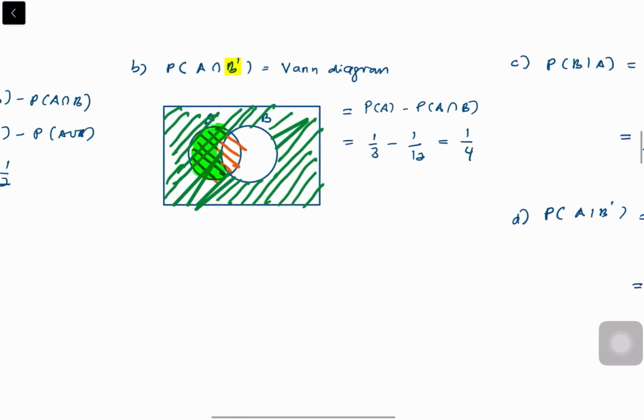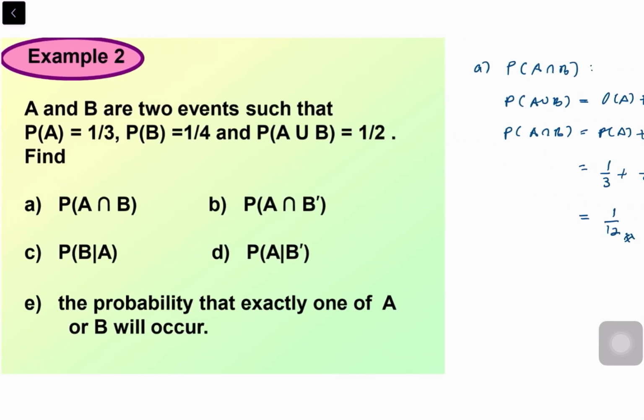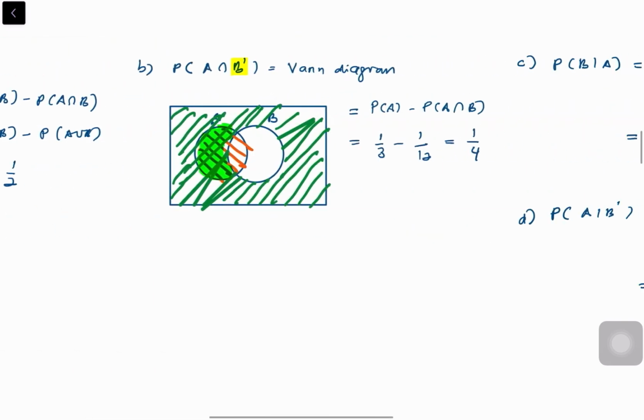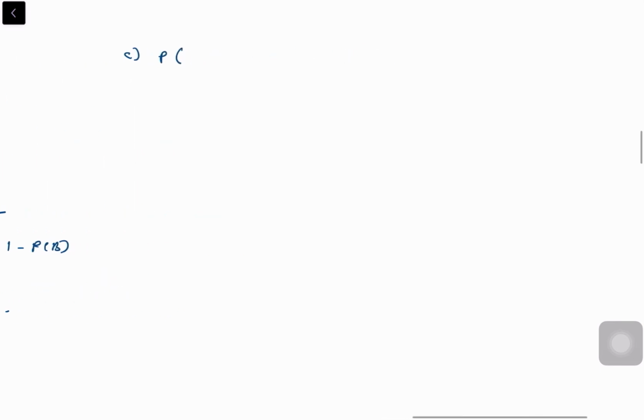And lastly, let's take a look at the last question, which is E, the probability that exactly one of A or B will occur. So we're looking for the probability of exactly one of A or B occurring.